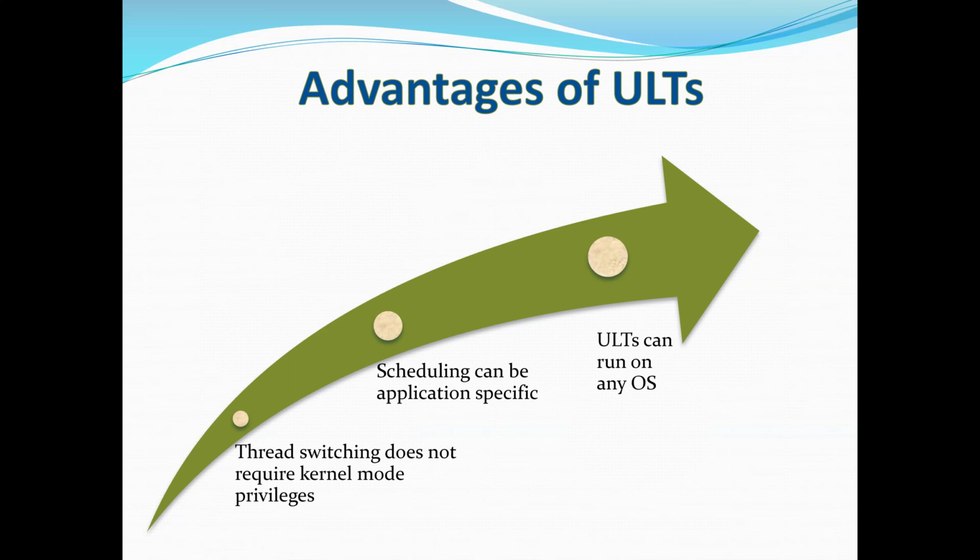So the scheduling algorithm can be tailored to the application without disturbing the underlying operating system scheduler. And also, user level threads can run on any operating system. That's a good advantage. No changes are required to the underlying kernel to support user level threads. The thread library is a set of application level functions shared by all applications.